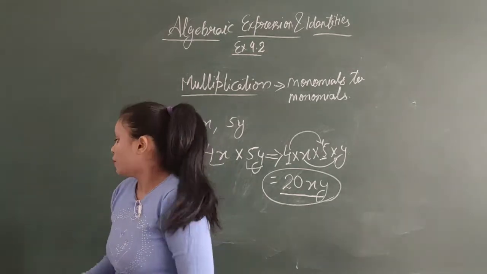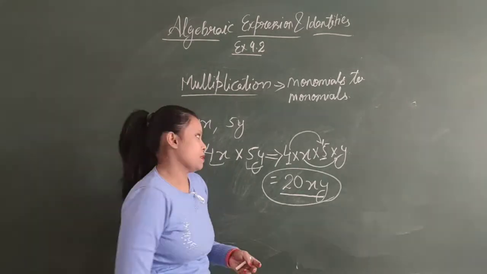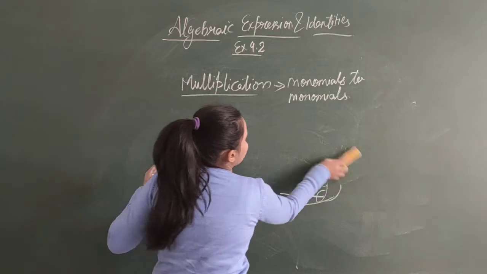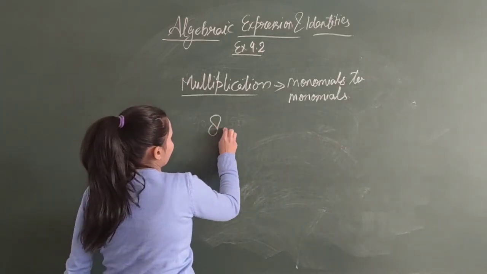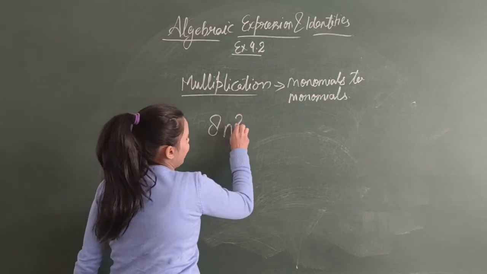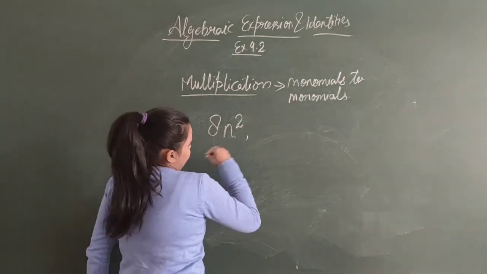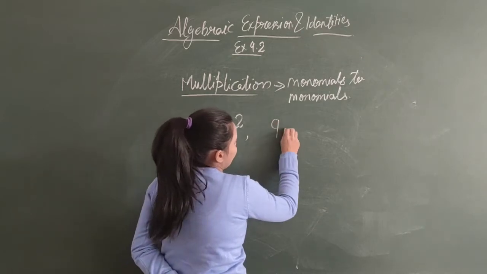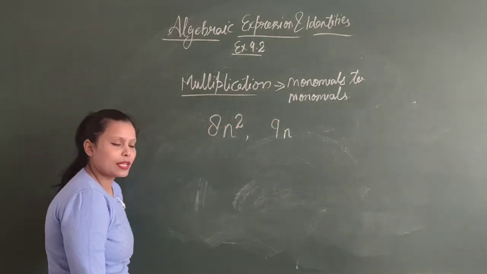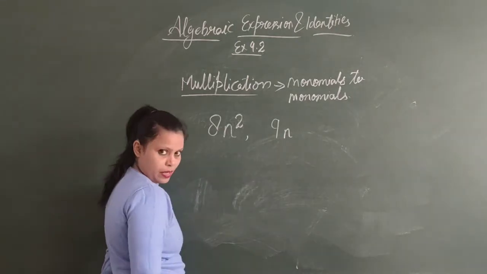What if we are given some degrees? Like it is given 8n square and 9n, right? We need to multiply both these terms.